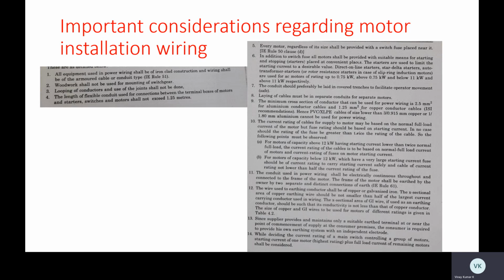The wire used as earthing conductor shall be copper or galvanized iron, and since the supplier provides maintenance only, a suitable earth terminal at or near the point of commencement of supply. So these are the 14 points that are very essential before going to installation of wiring in the motors.